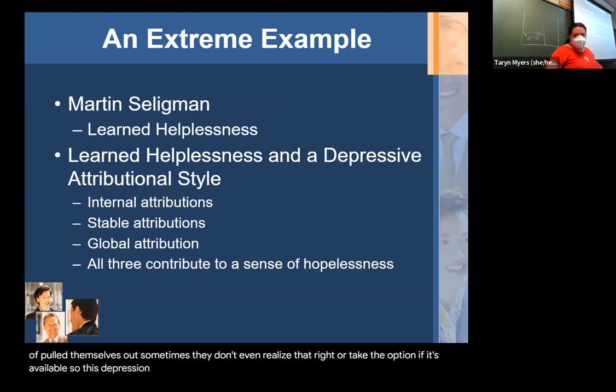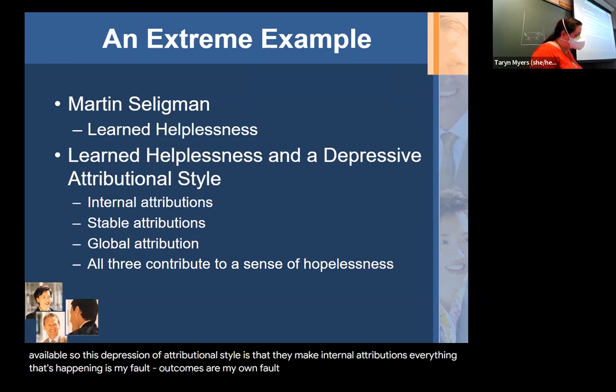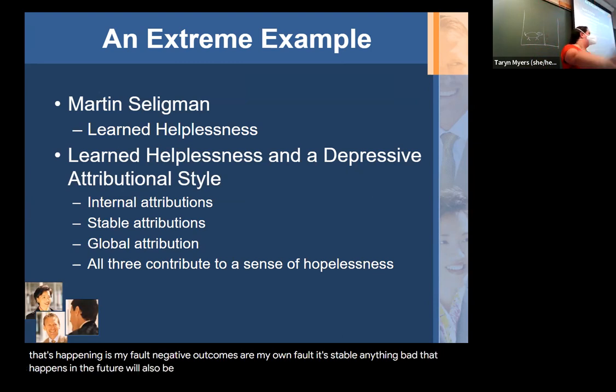So this depressive attributional style is that they make internal attributions. Everything that's happening is my fault. Negative outcomes are my own fault. It's stable. Anything bad that happens in the future will also be my fault.